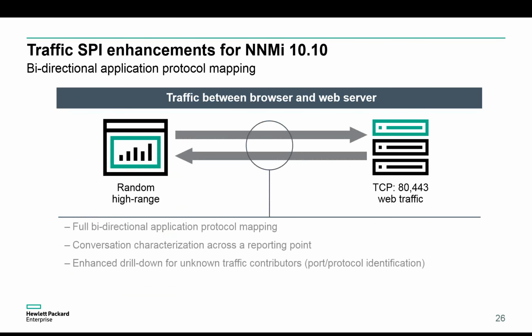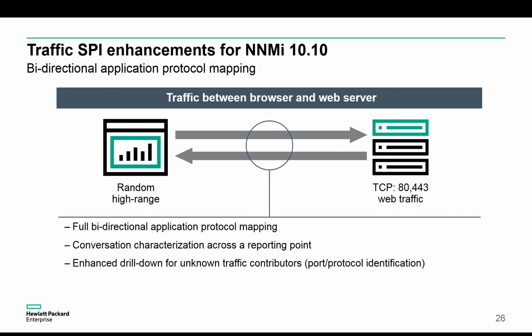Other traffic spy enhancements include being able to more accurately characterize conversations between clients and servers. It's a pretty straightforward exercise to map the connection or the flow from a client to a specific server where a service is offered.